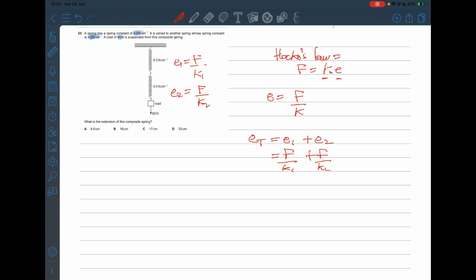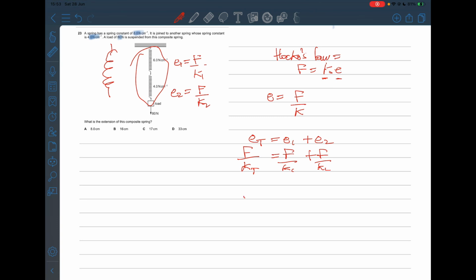This equals the total extension ET, which will be F over KT, where KT is the composite spring. When we talk of a composite spring, it's saying that these two springs can be replaced with just one spring that will have the same effect, the same extension. And that would be KT, the spring constant of a composite spring.